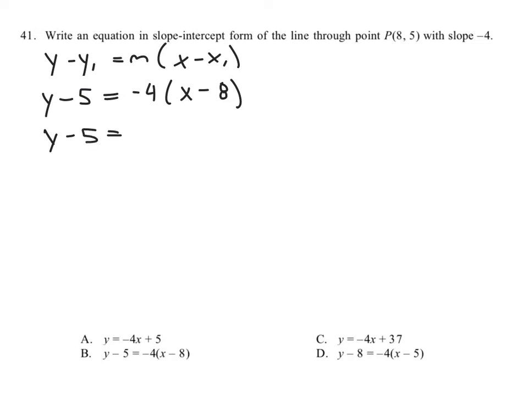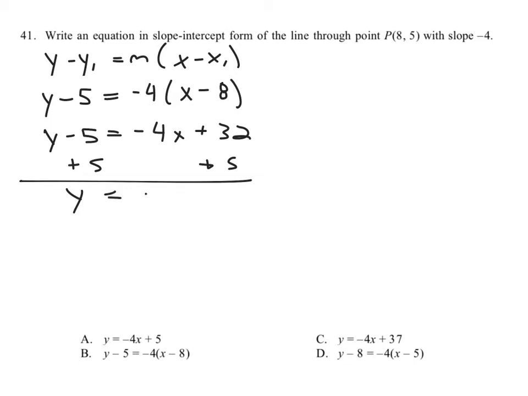So I'm going to first distribute this -4 to both parts. It's going to be -4 times x is -4x, and -4 times -8 is +32. And then the last thing that I need to do is add 5 to both sides. And when I do that, I get y equals -4x plus 37.